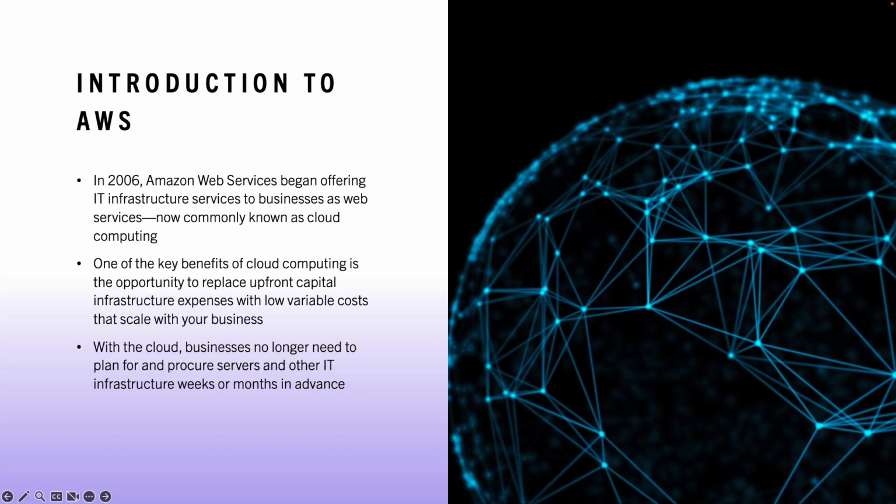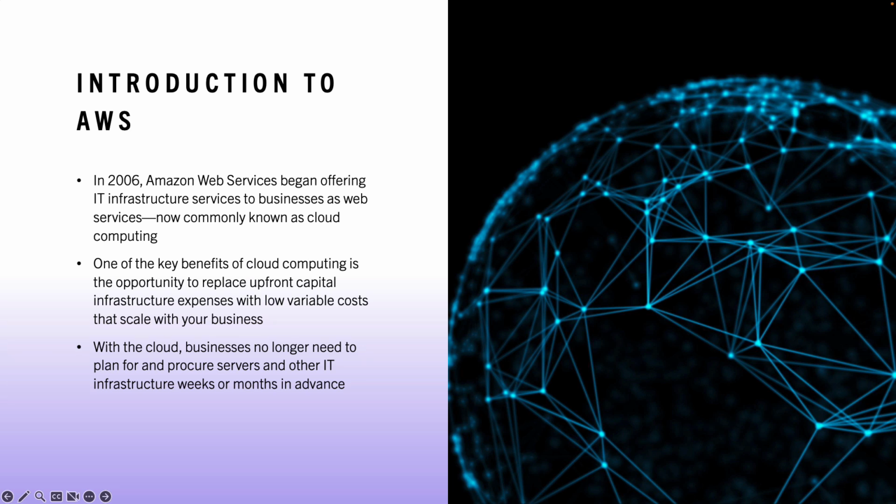AWS started around the year 2006. That is when AWS, Amazon Web Services, started offering IT infrastructure services to businesses as web services, which is now known as cloud computing. One of the key benefits of cloud computing is the opportunity to replace upfront capital infrastructure expenses with low variable cost which scales with your business.